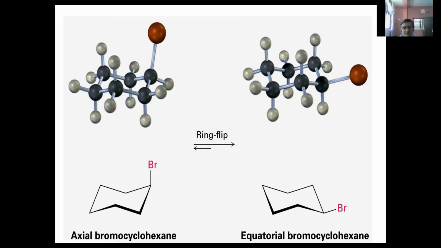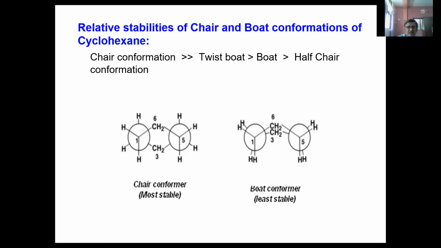Those which exist around the ring equator, along the ring equator, are called equatorial bonds. Those which are along the ring axis are called axial bonds. So with respect to this, in the chair conformation, every equatorial and axial bond is far away from each other.